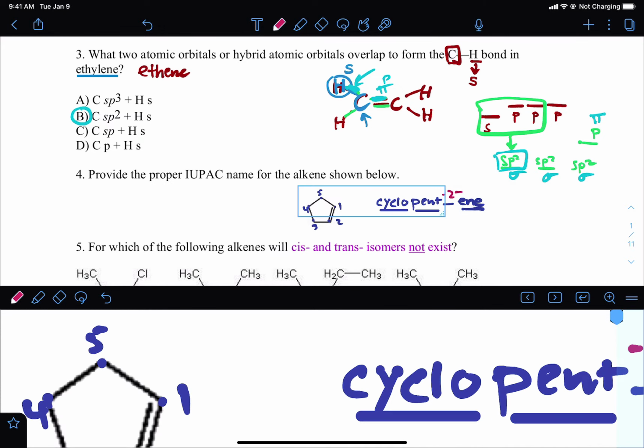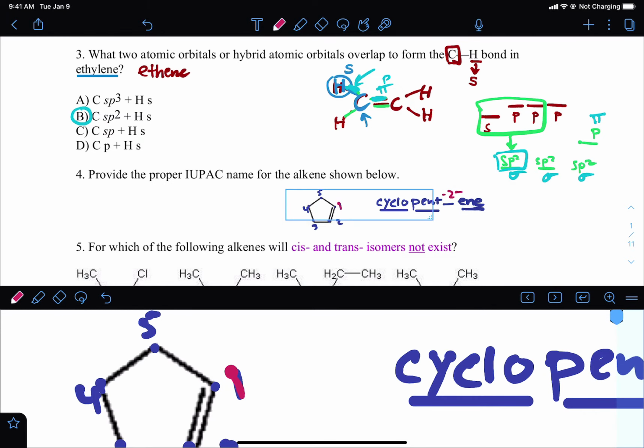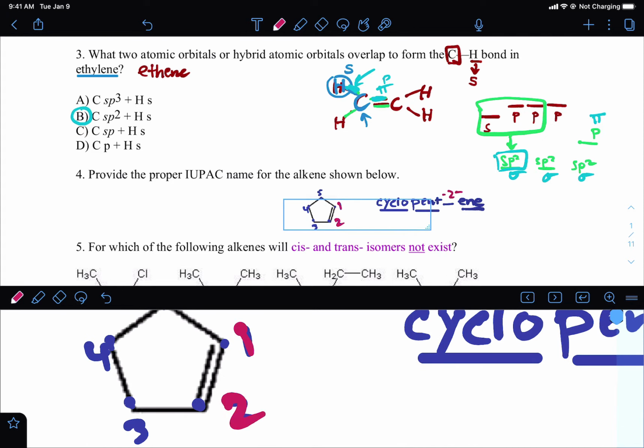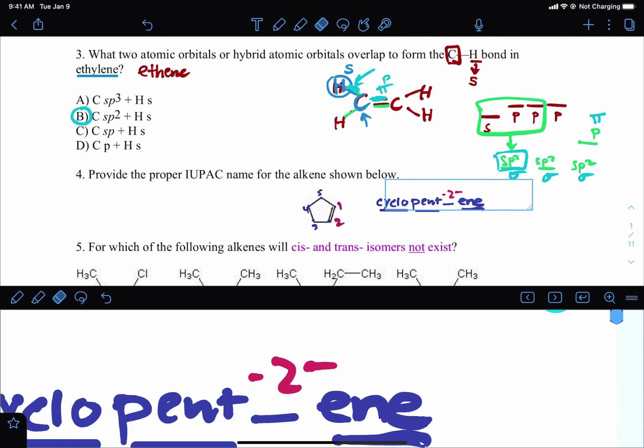In this case, kind of by definition, though, the alkene will always start on the 1 carbon. There's no real other option. We always number from the alkene. So technically, you could call this cyclopent-1-ene, but the 1 is redundant. We know it's got to be on the 1, so we just omit it. And it's just cyclopentene.